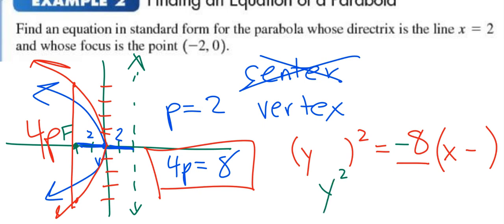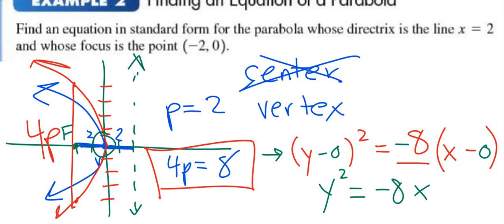So that's why, folks, we can simplify this and make it a whole lot easier, because the vertex is 0, 0. If you write the one that it's right here at the top, it's technically correct. There's nothing wrong with it. Might get laughed out of parties, but it's technically correct.